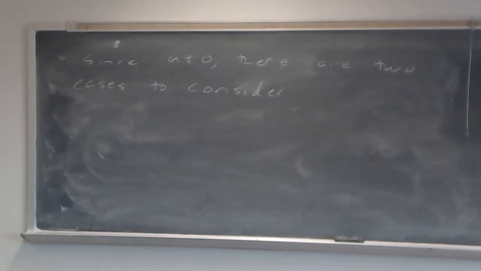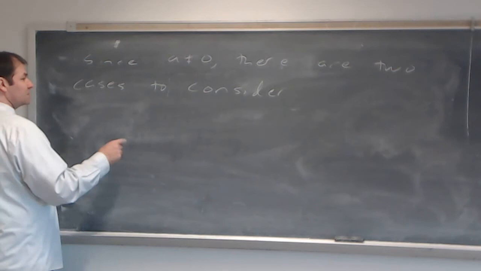Remember, by the order property on R, the third step was if you give me a real number, it fits into exactly one of 3 categories. It's 0, it's a positive number, or its additive inverse is a positive number. So there are 2 cases to consider.